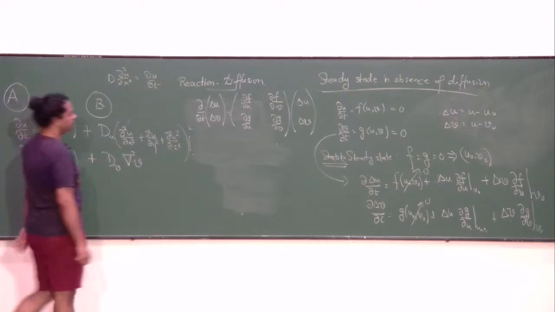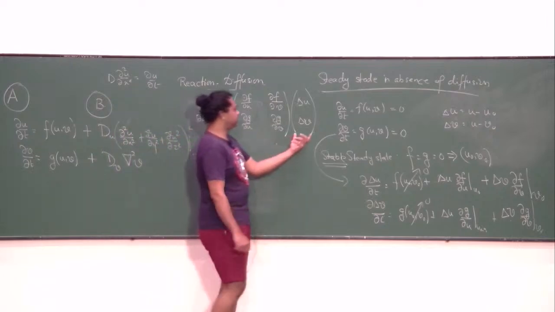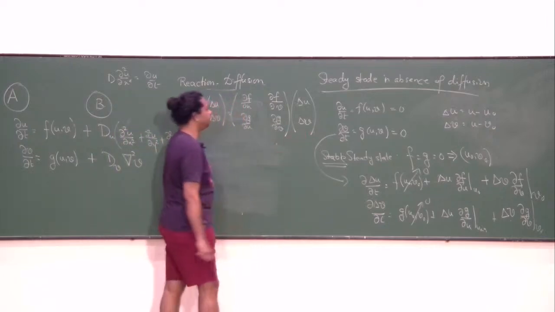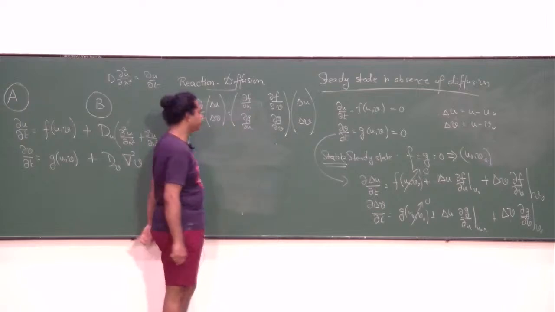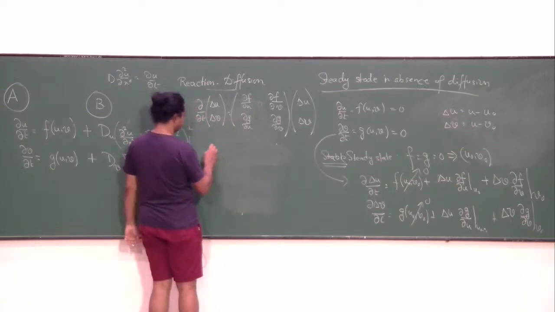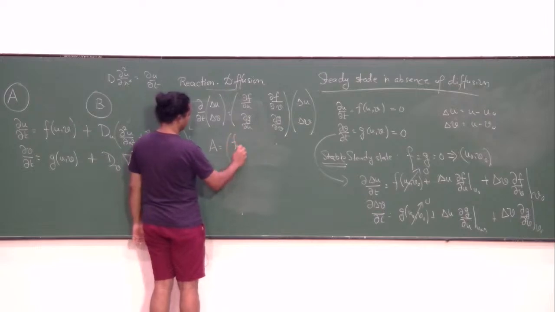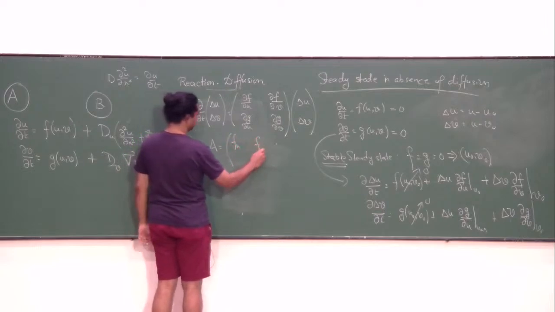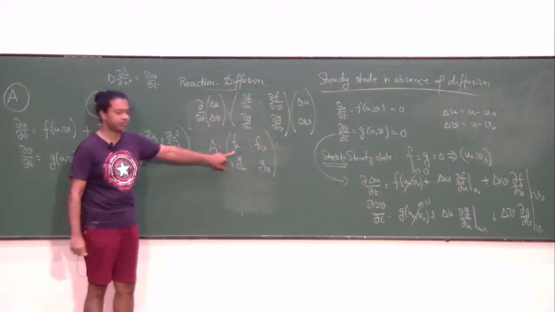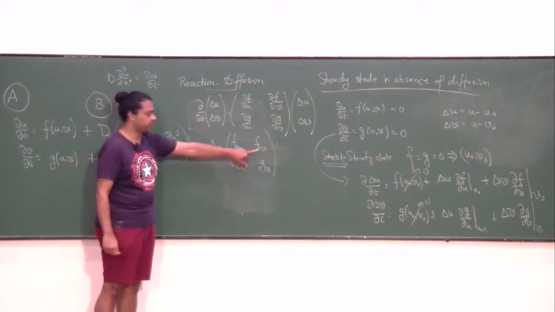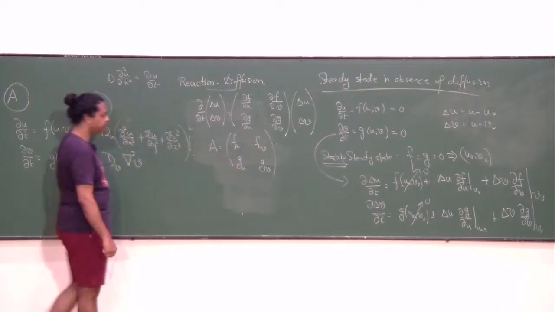Now whether these perturbations will grow or shrink will depend on the eigenvalues of this matrix. Let me call this matrix the stability matrix, and let me use the shorthand notation Fu, Fv, Gu, Gv. These are just the partial derivatives of F with respect to U, F with respect to V, and so on.